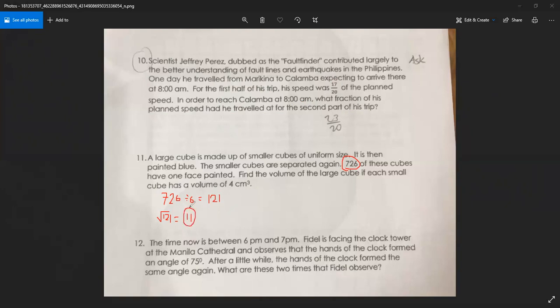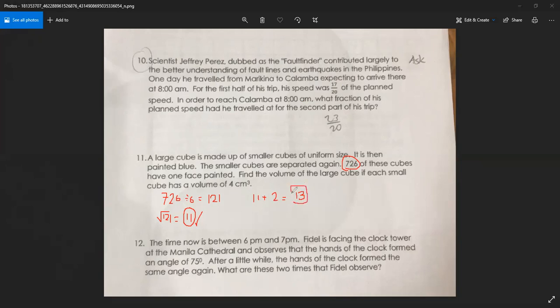How do we identify the size of the cube? Since we already have 11 here, we just simply add 2 to 11. 11 plus 2 is now 13. So the size of the cube is 13, or the length of the side is 13.